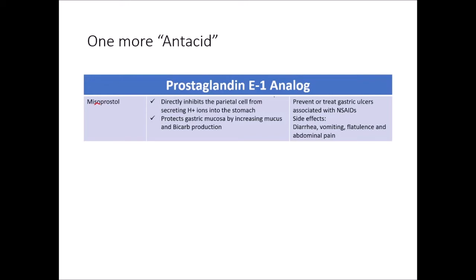So it prevents or treats gastric ulcers, especially those associated with NSAIDs, because NSAIDs block prostaglandins. If we can supplement prostaglandins, we can decrease that effect. Some side effects we can see: diarrhea, vomiting, flatulence, and abdominal pain.